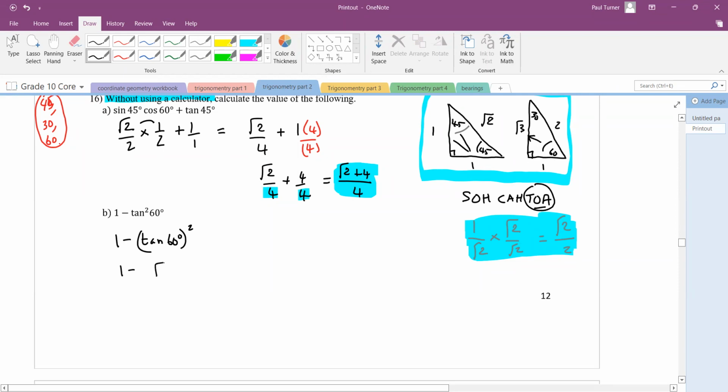So 1 minus root 3 squared. Okay, so root 3 squared is root 9, which is 3. So remember, in these cases, the square and the square root are inverses, so they cancel each other. So 1 minus 3 is minus 2, negative 2. So you should get that for the answer.